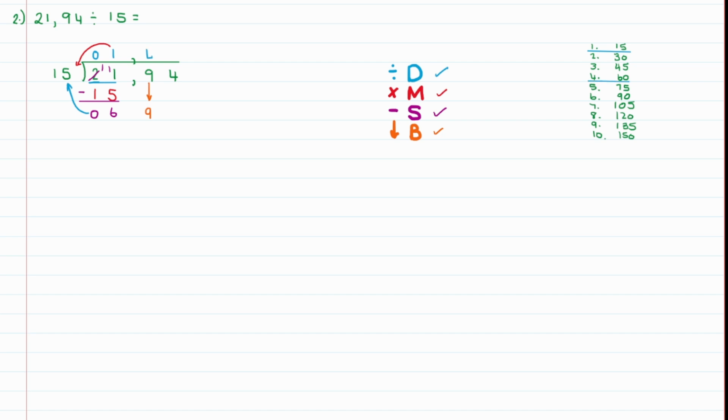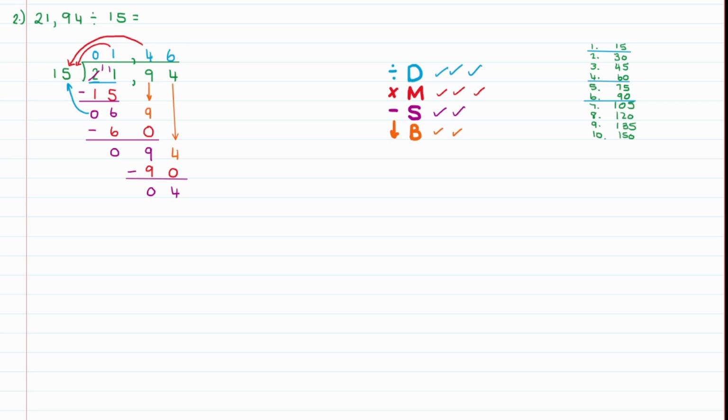69 divided by 15 is 4. 4 multiplied by 15 is 60, and 69 minus 60 is 9. Bring down the 4, and begin again. I now have 94 divided by 15, which is 6. 6 multiplied by 15 is 90, and 94 minus 90 is 4.